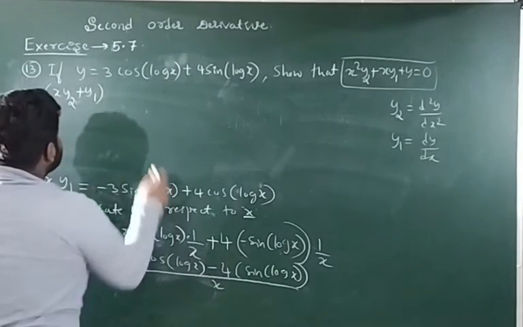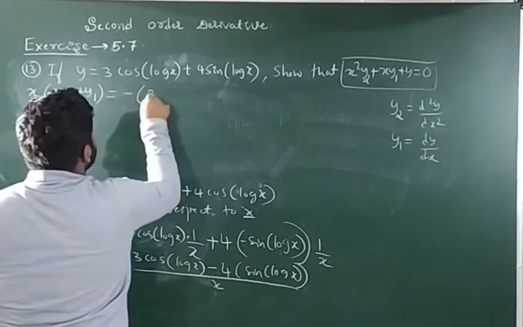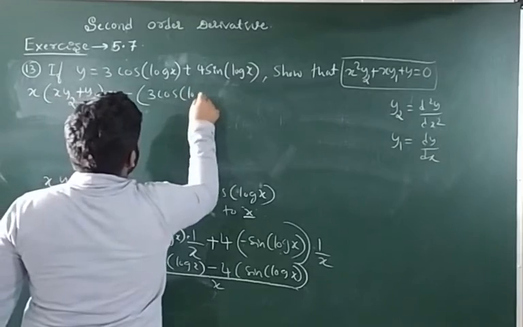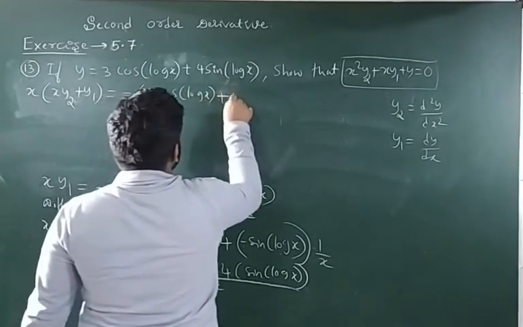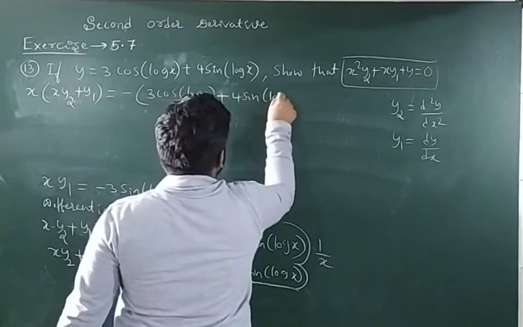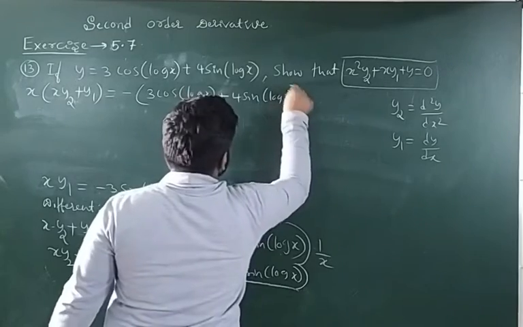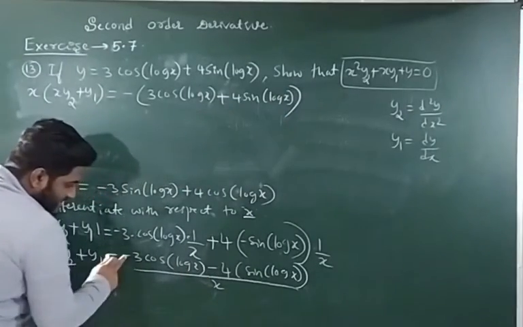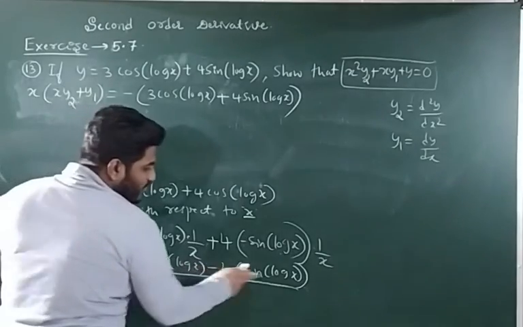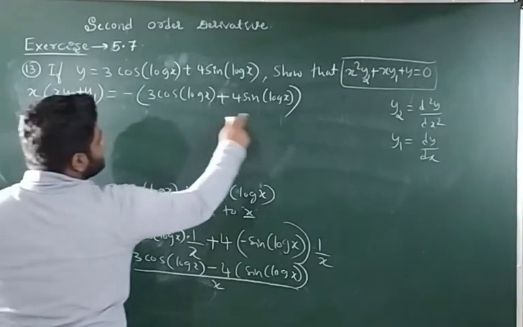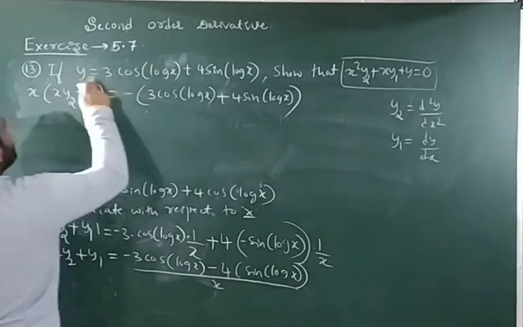Now take the common minus sign out: minus 3 cos of log x plus 4 sin of log x. Carefully see here, minus sign outside, 3 cos log x plus 4 sin log x. Guys, this entire term is y.